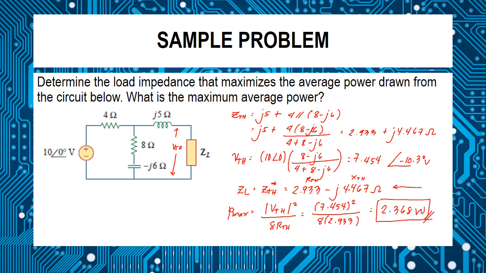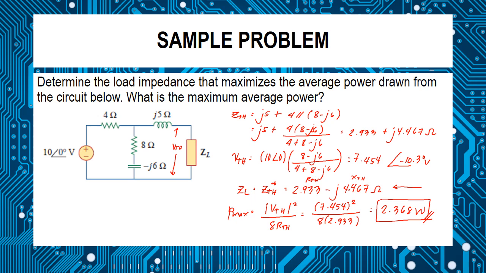So if we short this one, we have here 4 ohm parallel to 8 minus J6 and then in series with J5. So this will be J5 plus the 4 ohm parallel with 8 minus J6, or it's equal to J5 plus 4 times 8 minus J6 all over 4 plus 8 minus J6.